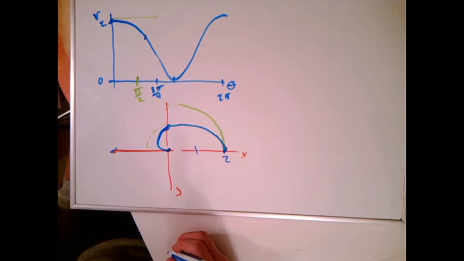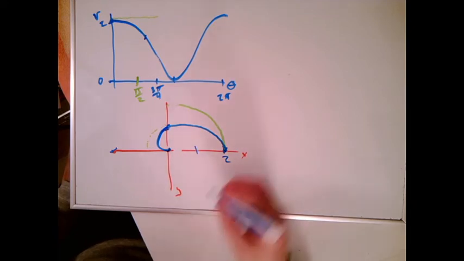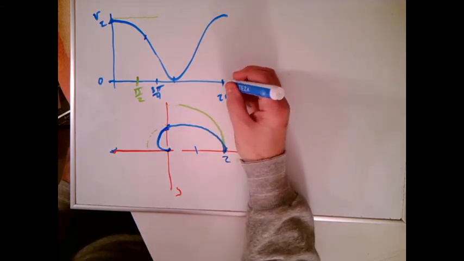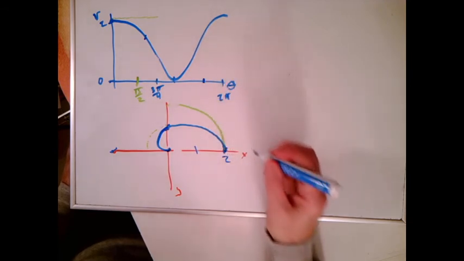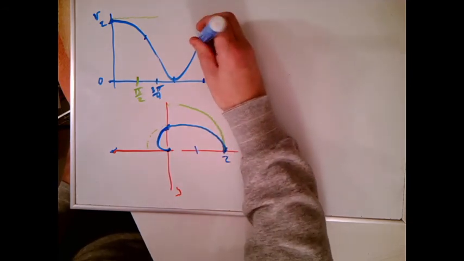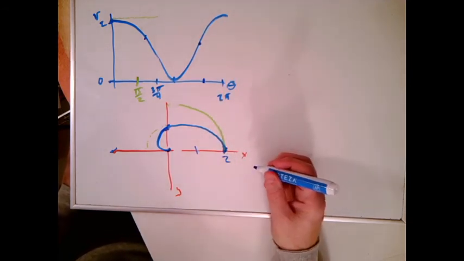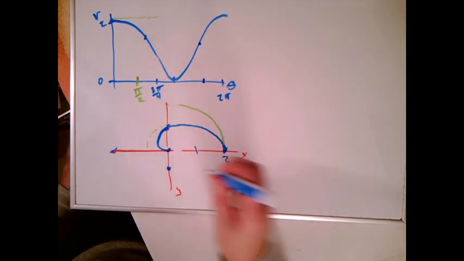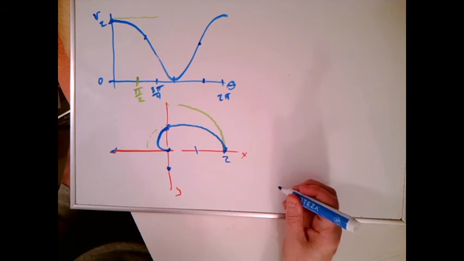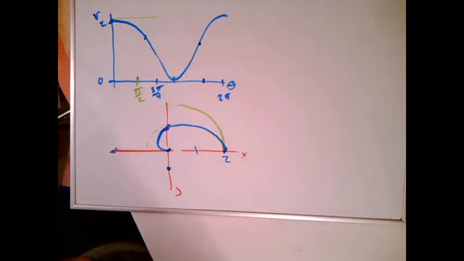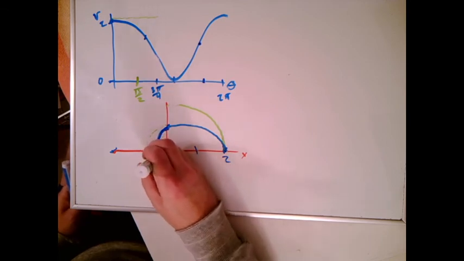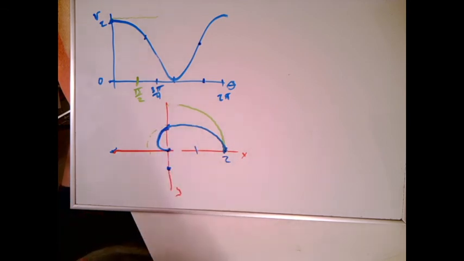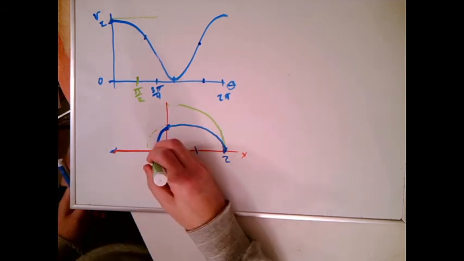Now what happens as r gets bigger again? As I get to 3 pi over 2, r is at 1. The angle of 3 pi over 2 is pointing straight down, and I'm down to 1, so it's going to go like this. I have my other point. What happens between those times? Again, if this had stayed at this distance the whole time, it would look like that. Let's make a few more dots so you can see what's going on.